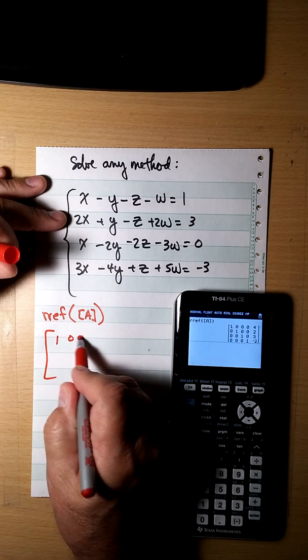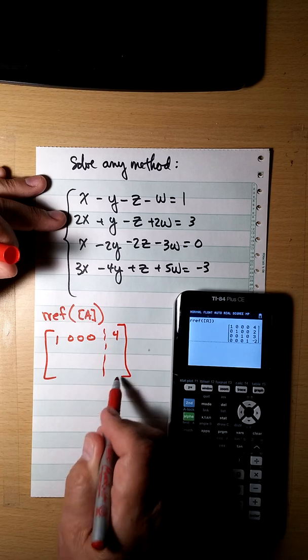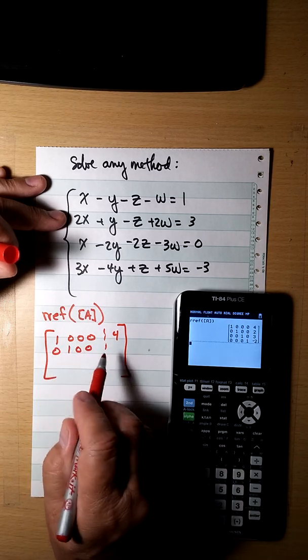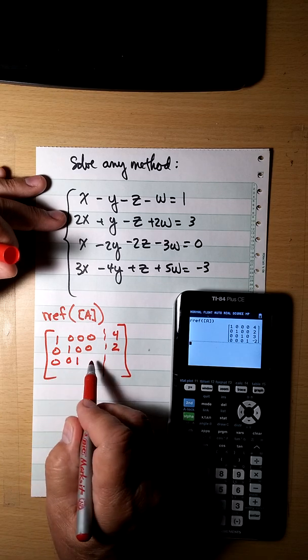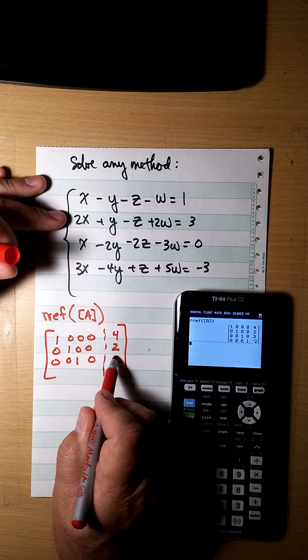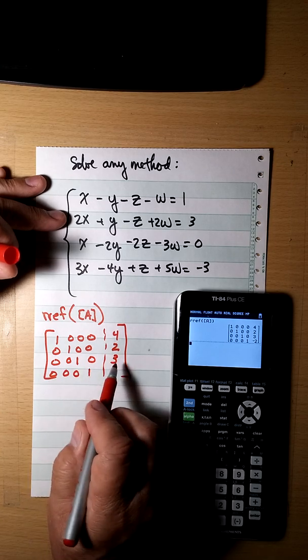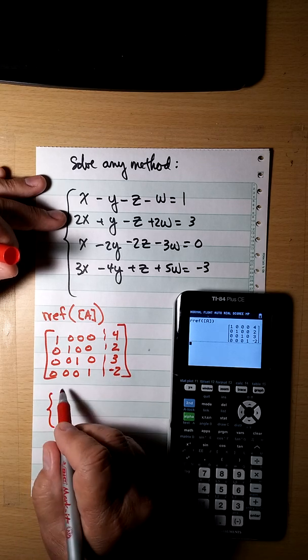1, 0, 0, 0, 4. So x is 4. 0, 1, 0, 0. Y is 2. 0, 0, 1. Z is 3. And 0, 0, 0, 1. W is negative 2. Usually put these in order.